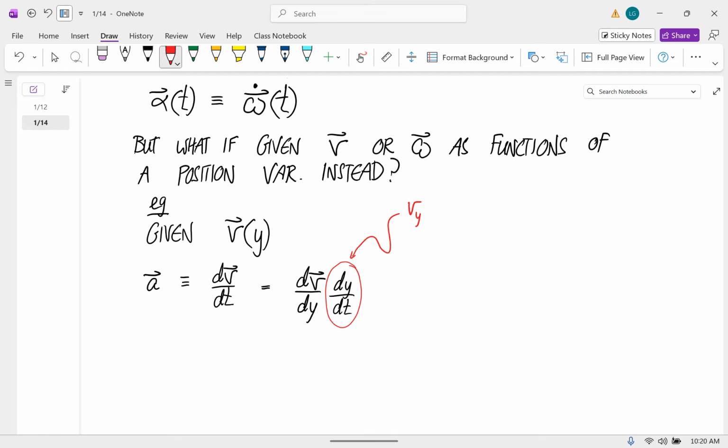That's part of that definition. And so this is just equal to dv/dy times the y component of the velocity.